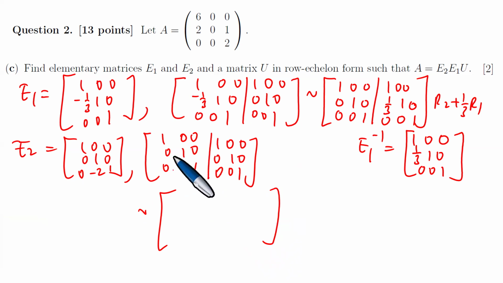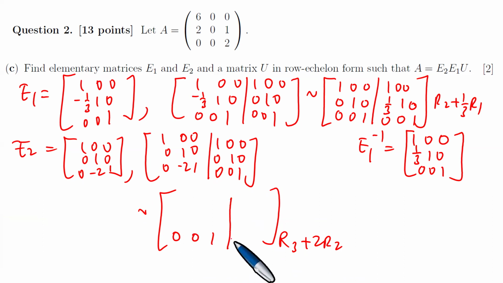So now with this, you're able to see that we need the identity here. So to get the identity, we can just say row 3 plus 2 row 2, right? Which is 0 0 1. And then we come here, and it becomes 0 2 1.